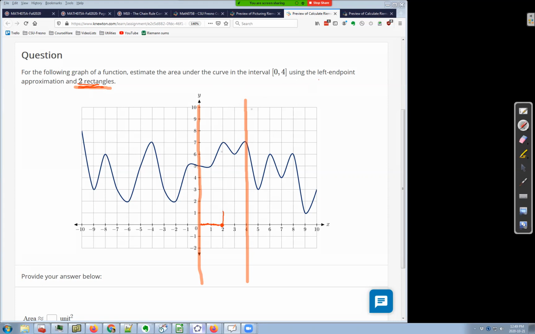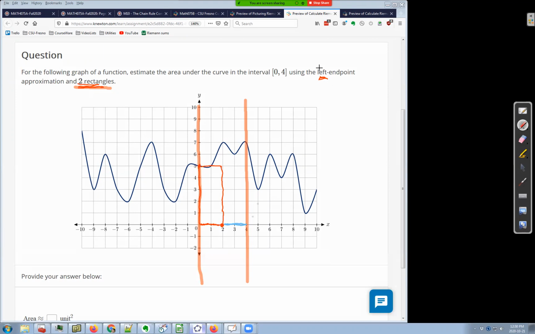Well, it says to use the left endpoint. So I take the left-hand side of my rectangle and I go up to where I hit the curve. And then I go straight over. And so that's my first rectangle. And then maybe I'll change colors for my second rectangle. My second rectangle has base from 2 to 4.